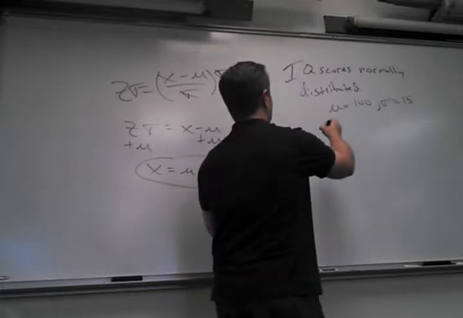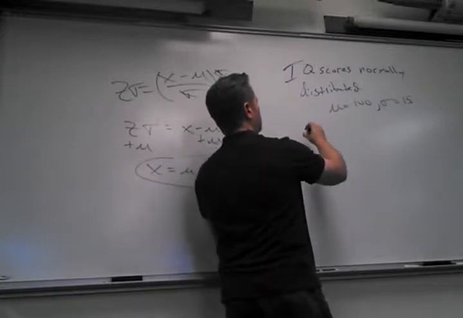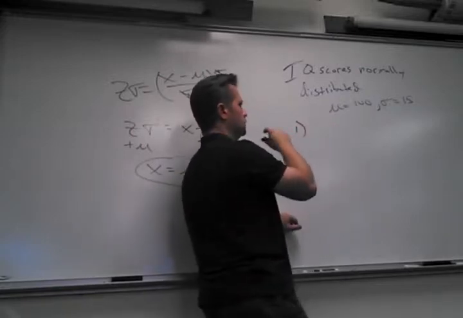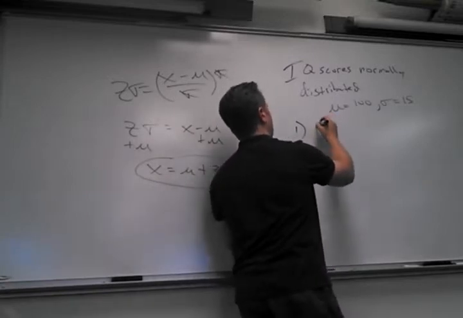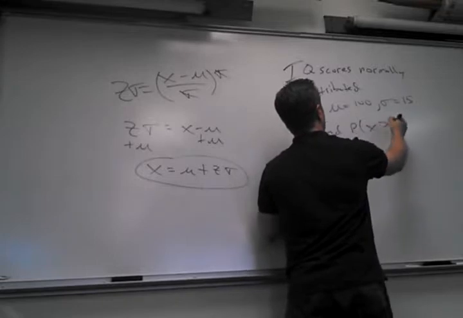So let me ask you 2 questions. Find the probability that somebody has an IQ score above 133.